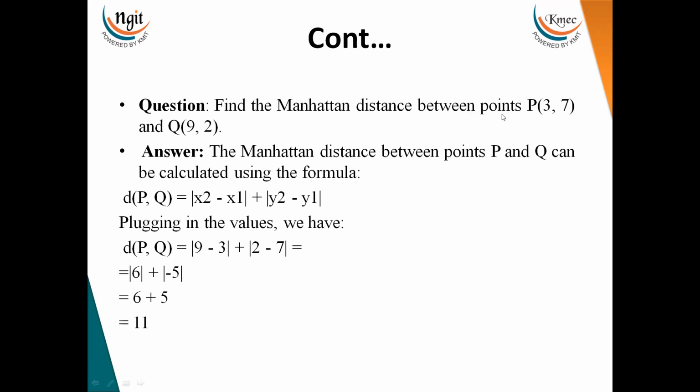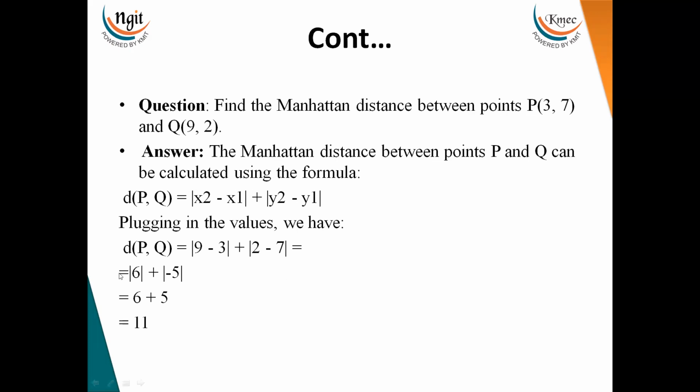To take an example, we have points p and q, where the value of p is 3 and 7, and for q it is 9 and 2. I'll put the values in the formula. My formula is the absolute value of x2 minus x1 plus the absolute value of y2 minus y1. My x2 is 9 and my x1 is 3, so 9 minus 3, plus y2 minus y1, which is 2 minus 7.